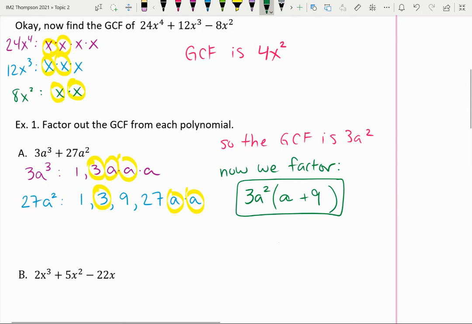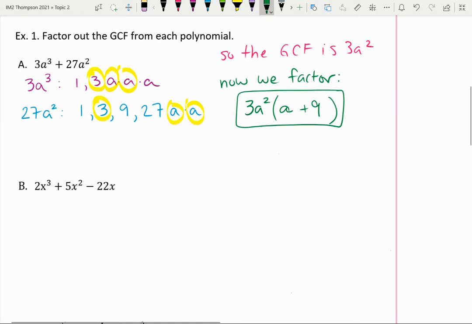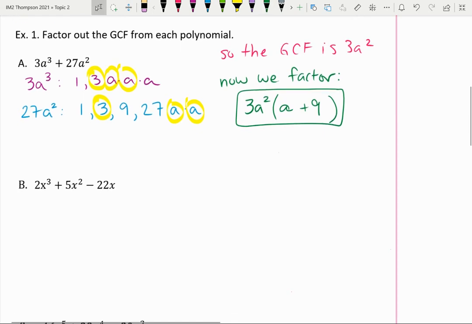Because I don't want to multiply like 9 and 27, right? But it'll work for your variables. And if say there was like another a on the top, like it was 3a. Hold on. We'll get to more examples. Hold on. It's coming.